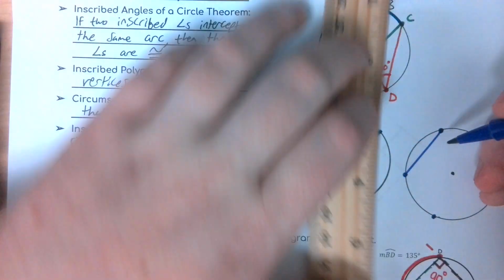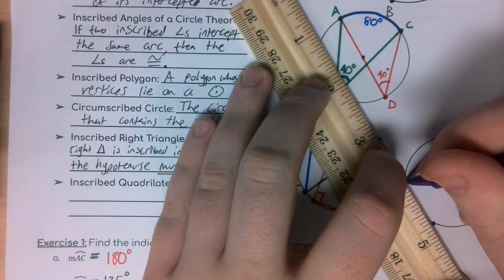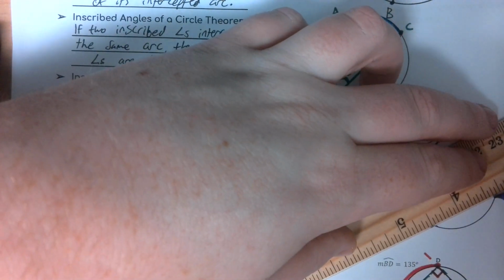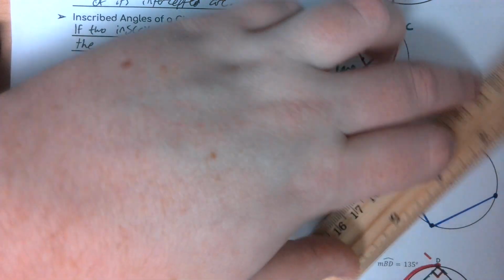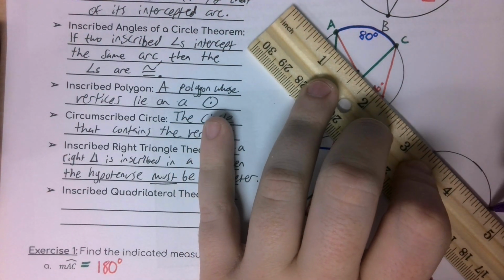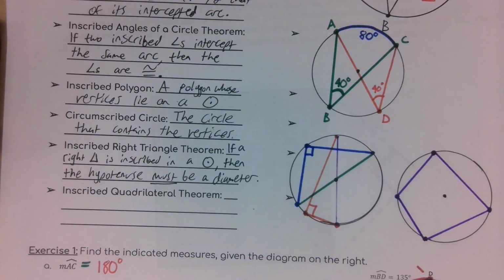So I'm just connecting up 4 random points on my circle, and trying to see what happens when we do so. We end up with a quadrilateral. Okay, Mr. Strager, I don't really know what's important about that particular quadrilateral.